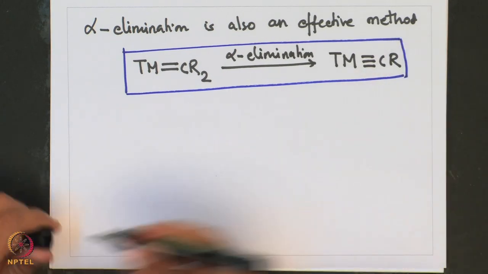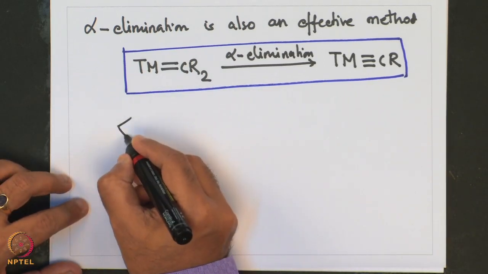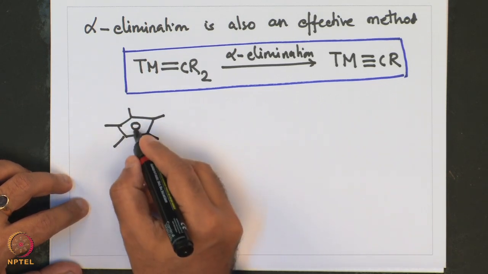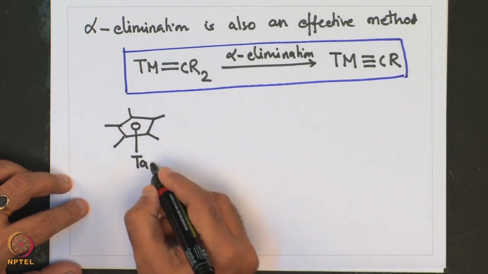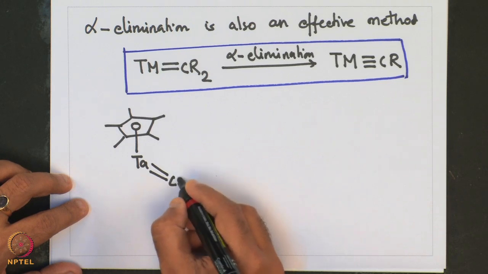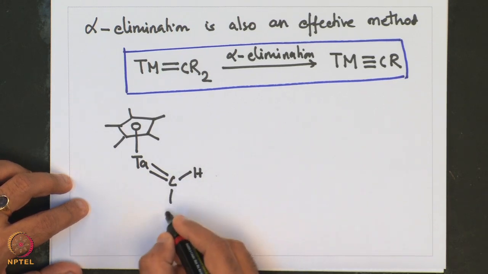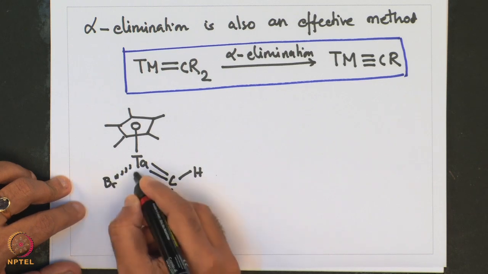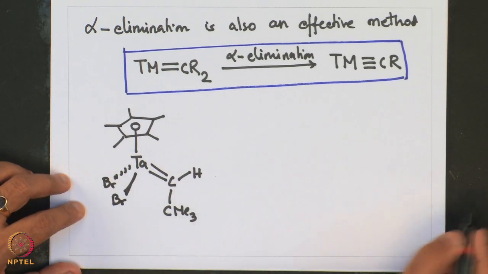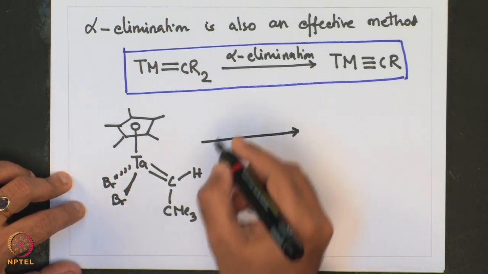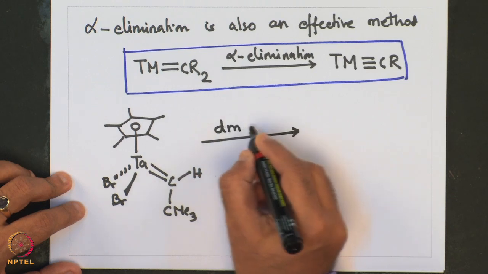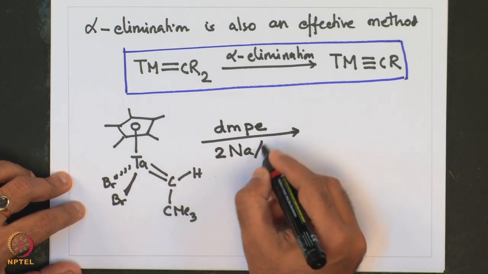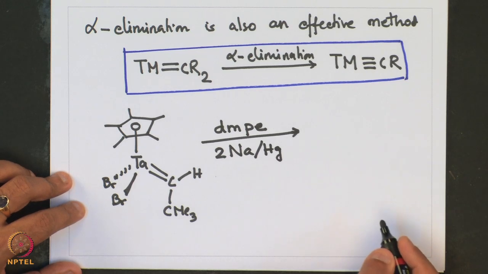So, here is an example of the same, when Cp* tantalum CMe3 reacts with DMPE in presence of sodium amalgam, which is a reducing agent.